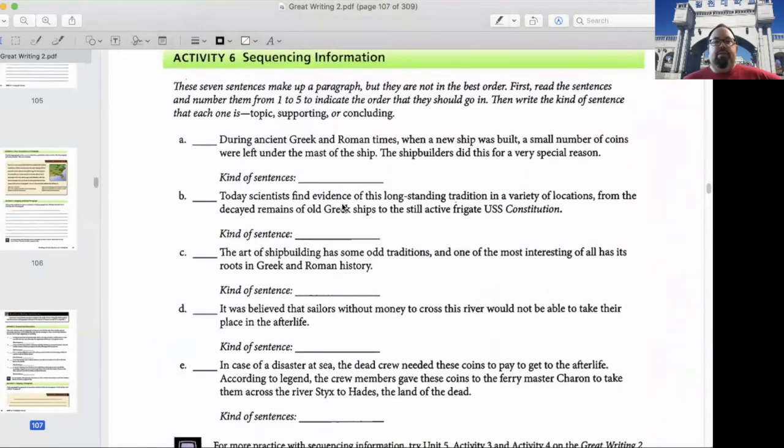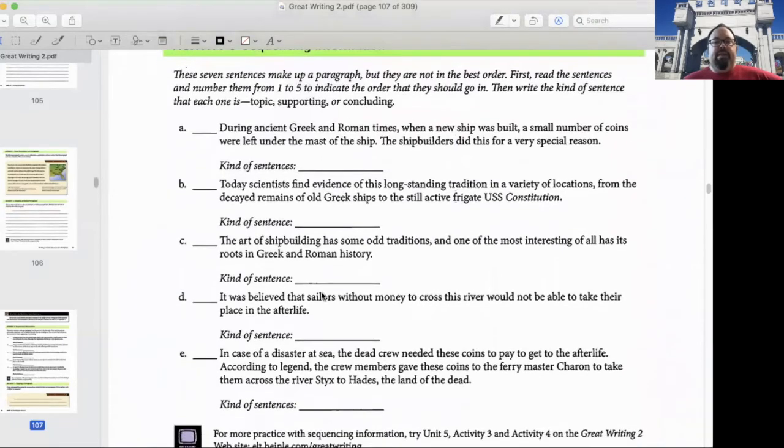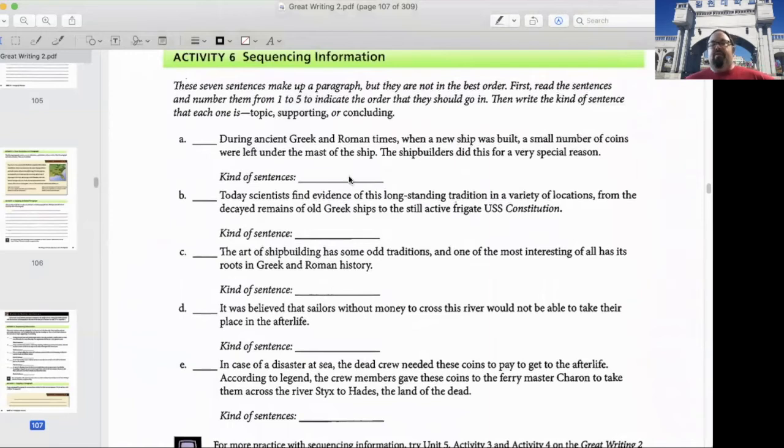So you've got 5 sentences here. This is one full paragraph. So you need to read through and find out the order that these go in.